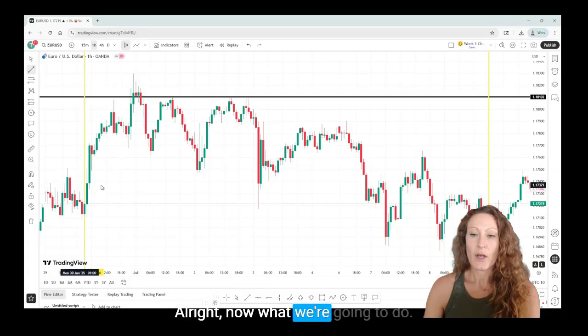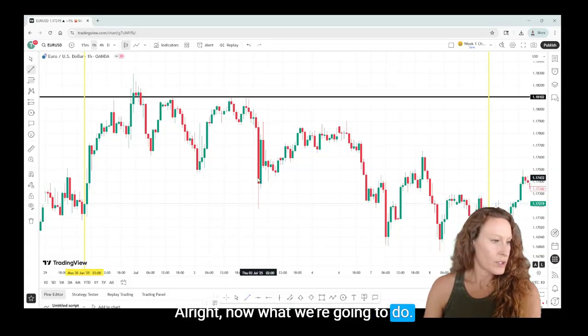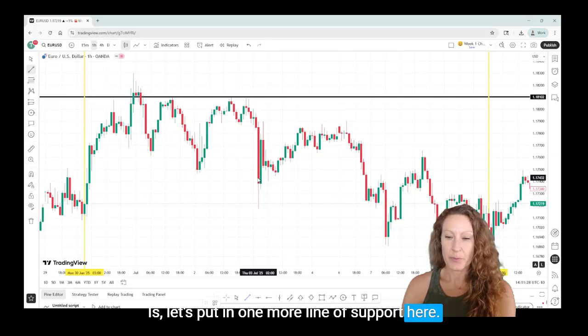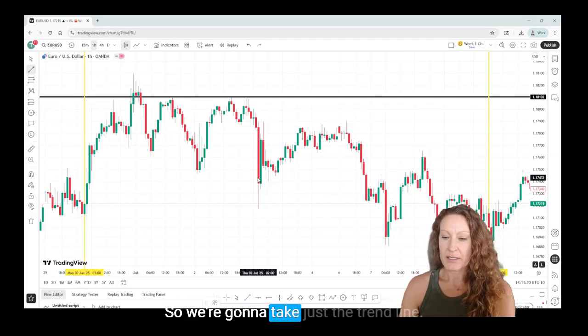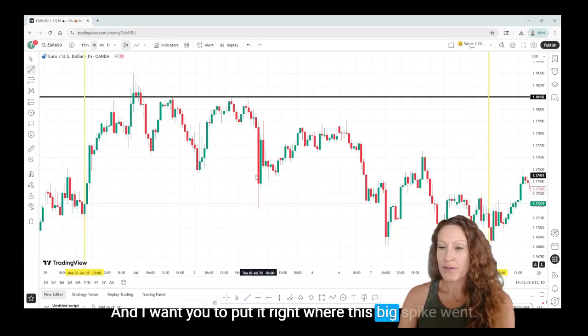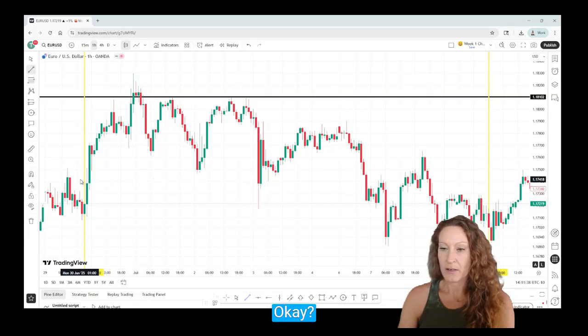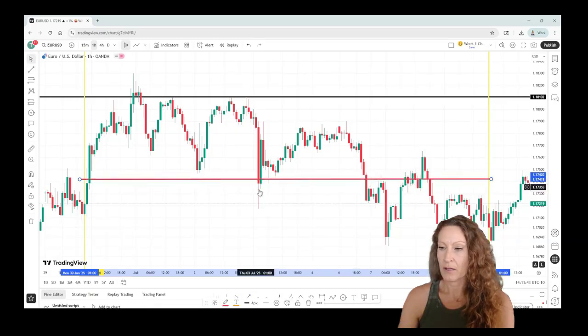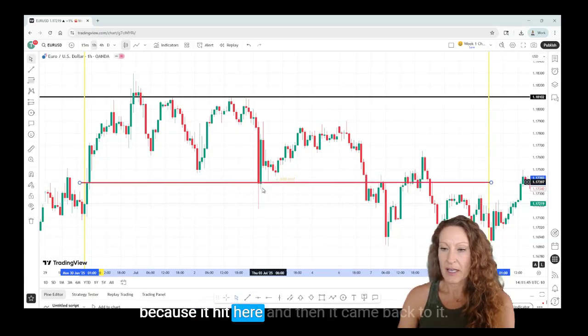All right, now what we're going to do is let's put in one more line of support here. So we're going to take just the trend line, and I want you to put it right where this big spike went, okay? And mark it off for the whole week. Because it hit here and then it came back to it.